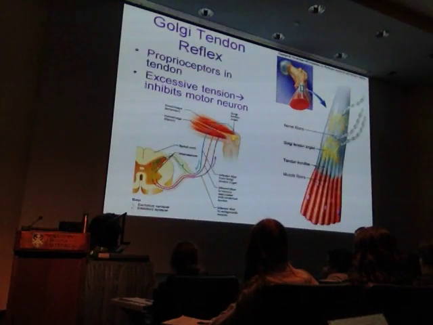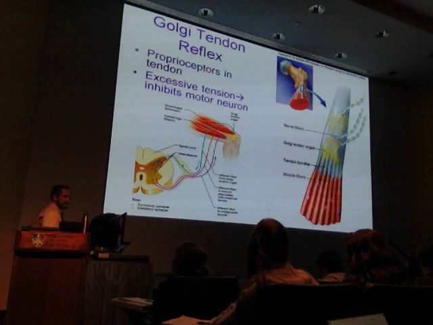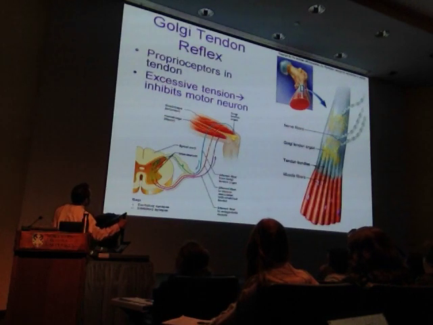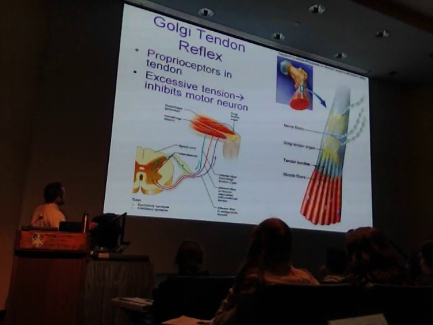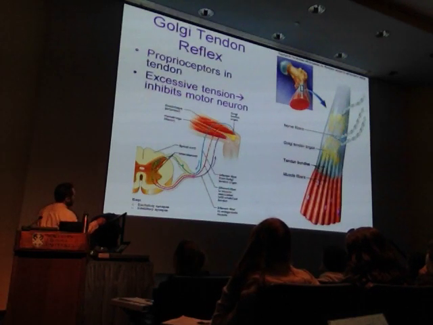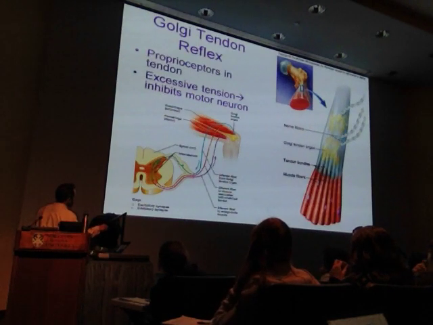And so here is the image that hopefully you have. You guys have this image? No. Yes, okay. So the Golgi tendon that's located here, right, is giving us information. It's coming in to the posterior aspect, right, and it sends out two signals.